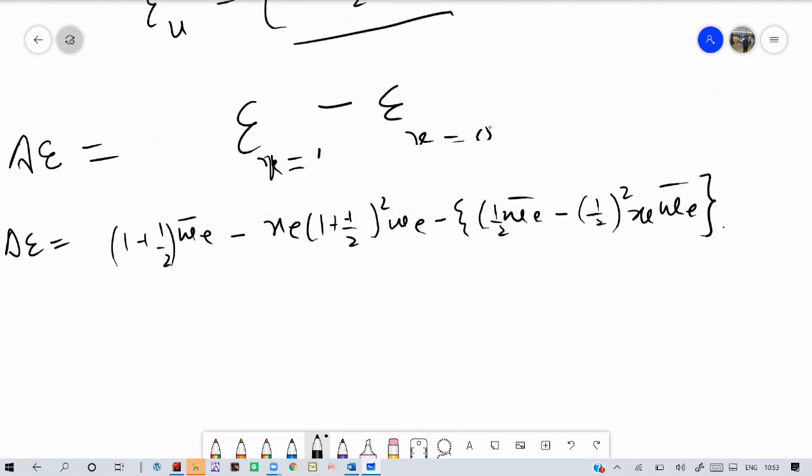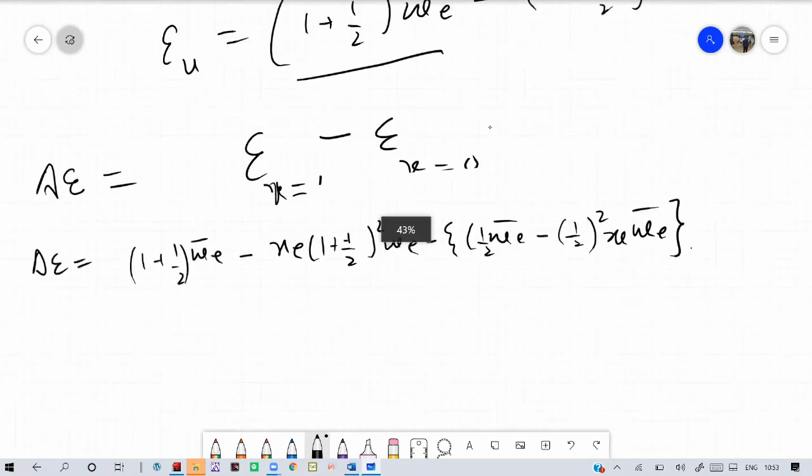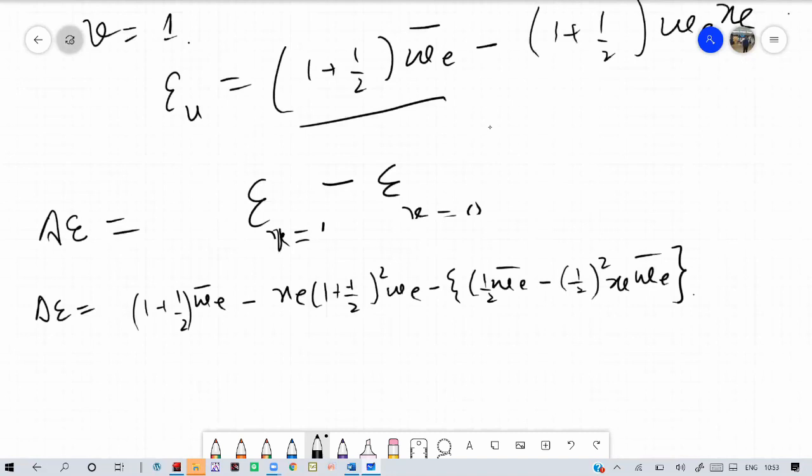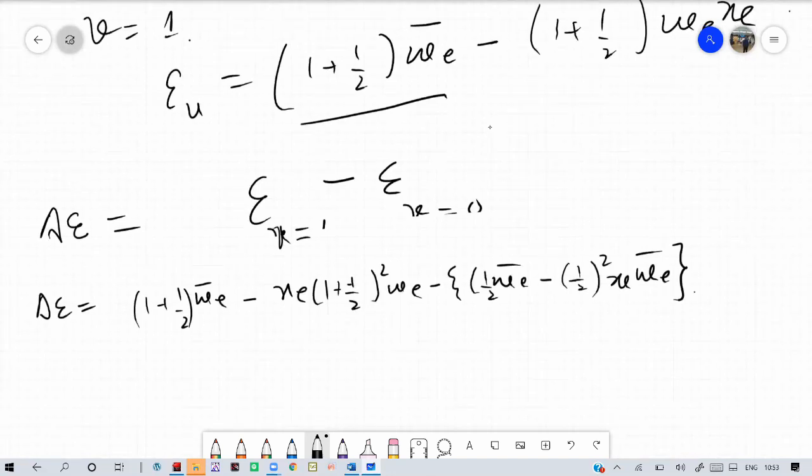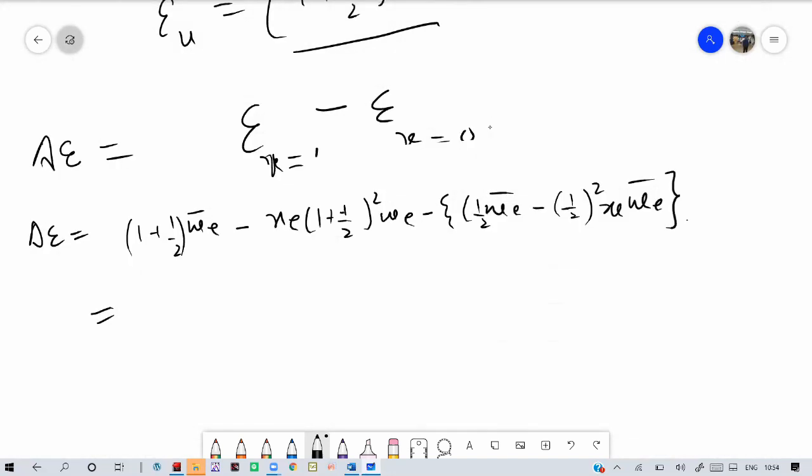Sir, E1 comes out as 3/2 omega e into 1 minus 3/2 xe, and E0 comes out as 1/2 omega e into 1 minus 1/2 xe. So this is 3/2 omega e minus 1 minus 3/2 xe, this whole term into 1.